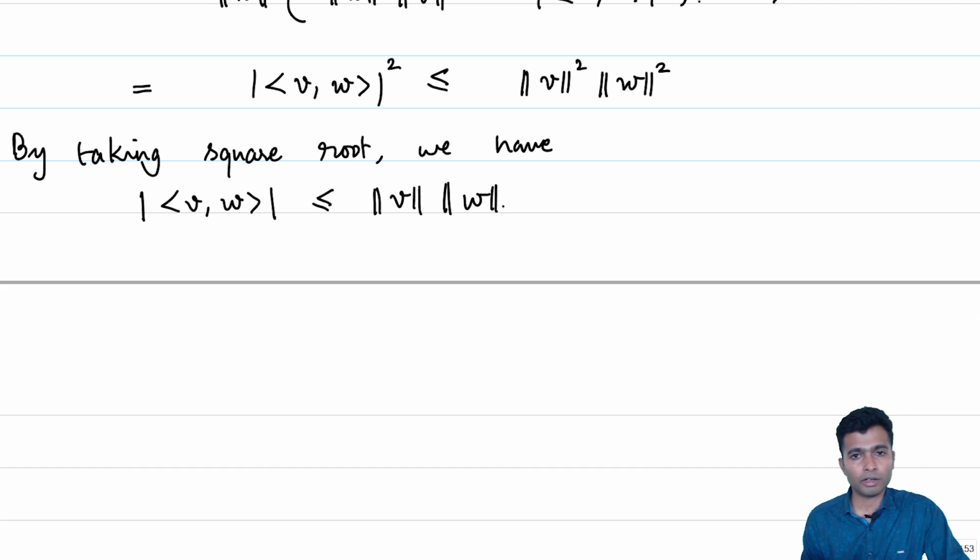That's precisely what we have established. In the case of complex vector spaces, the Cauchy-Schwarz inequality tells us that the inner product of V and W lies in a disk centered at 0 and radius the length of V times the length of W. That's precisely what the Cauchy-Schwarz inequality says for complex vector spaces.